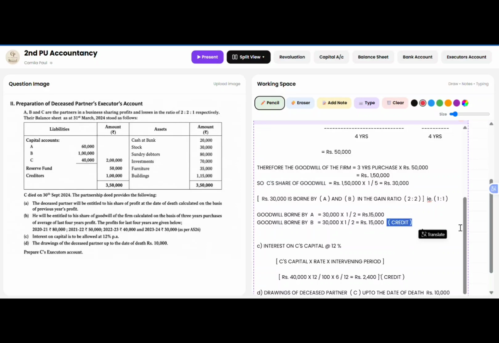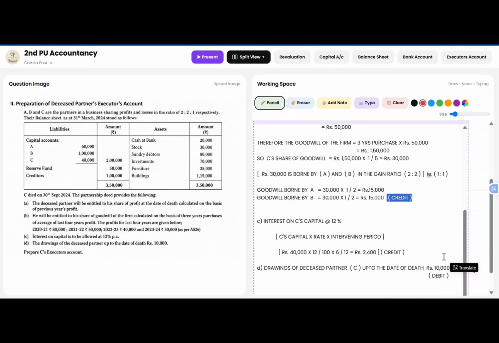The next adjustment we are going to see is here the third adjustment, the interest on capital, that is to be allowed at 12% per annum. So interest on C's capital should be calculated at 12% per annum. The formula will be C's capital into the rate which is given in the adjustment into the intervening period. So interest is provided only for the intervening period.